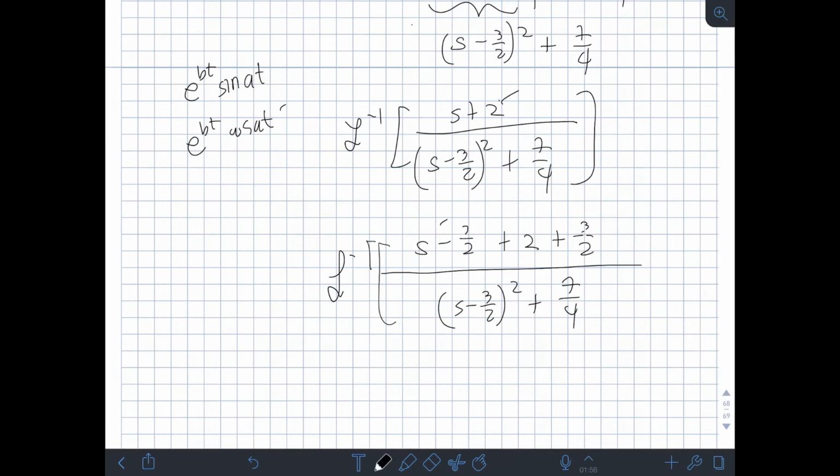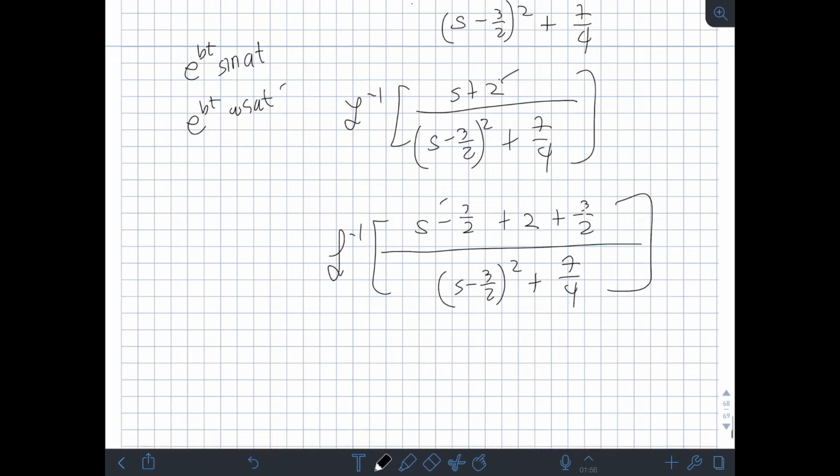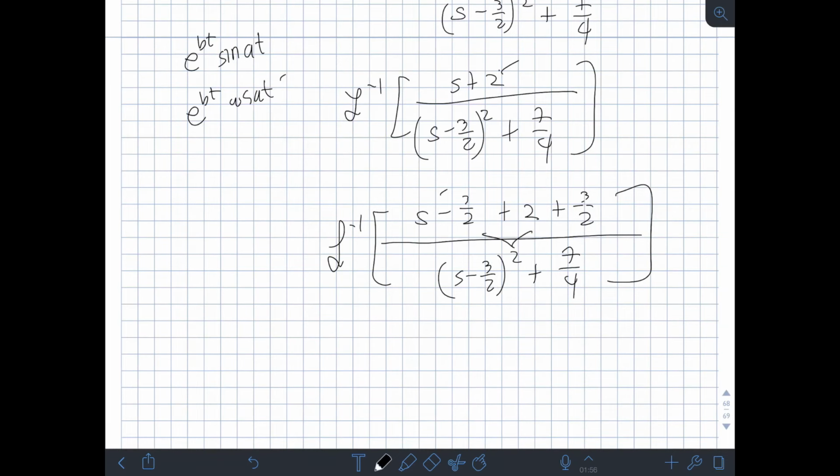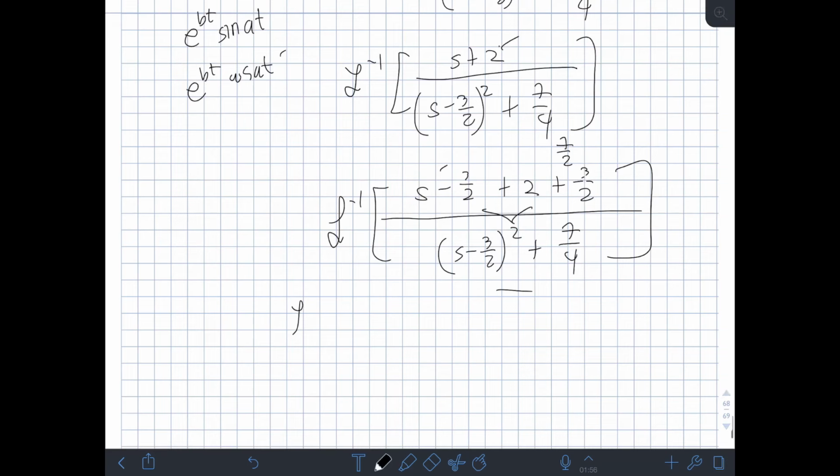Okay? Then, inverse Laplace transform. Then, distribute. So, how much is this? 2 plus 3 halves, 7 over 2, right? So, let's distribute the denominator.